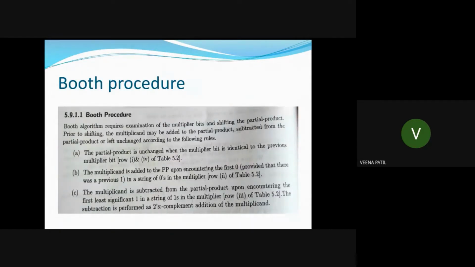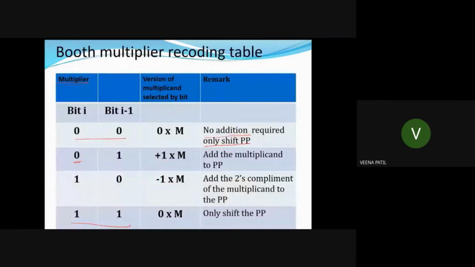The multiplicand is subtracted from the partial product upon encountering the first, least significant 1 in a string of ones in the multiplier. That is, the ith bit is 1. The subtraction is performed as the 2's complement addition of the multiplicand. Now already we know how to perform subtraction. So this table means that if both the bits, i bit and i minus 1 bit, are the same, no addition has to be performed, only shifting of the partial product has to be done.